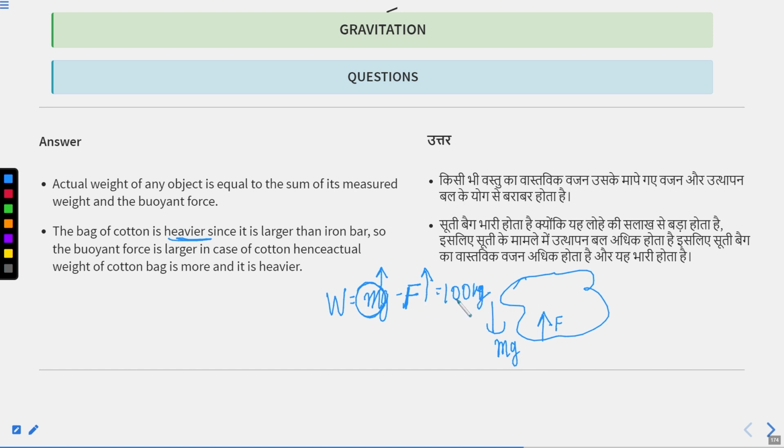So the cotton bag actually has higher mass than the iron. Because iron exerts less upward force, its actual mass will be less. Is it clear, class?